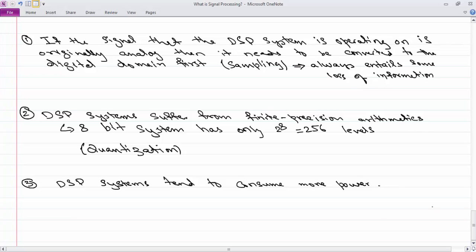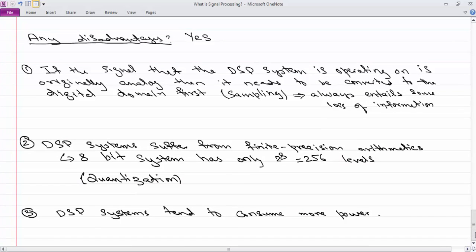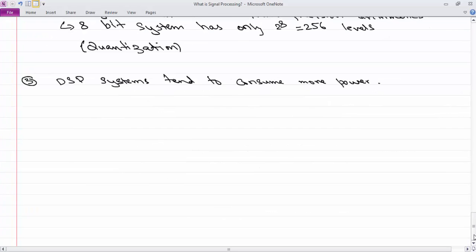So these are all the disadvantages of DSP systems, and I laid down the advantages also. So why do we still want to talk about DSP systems and not analog systems? Because the advantages of DSP systems are much, much, much better than the disadvantages.